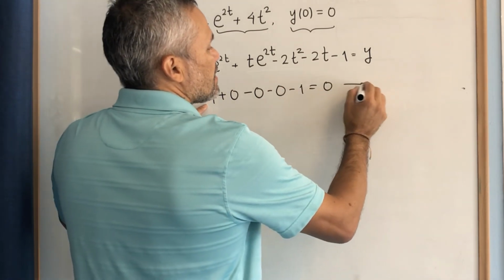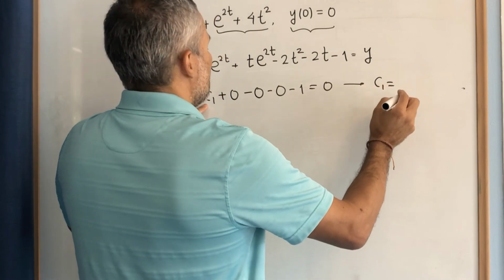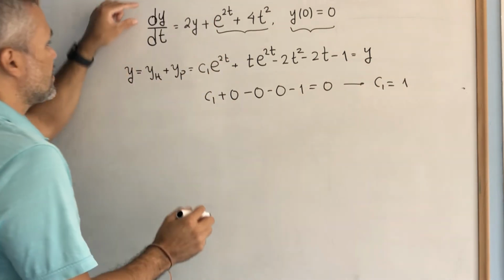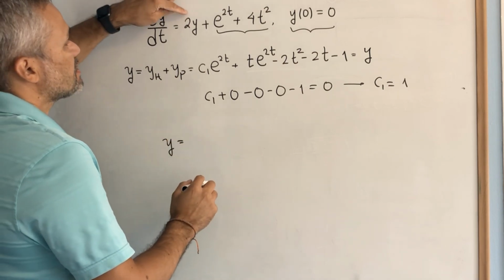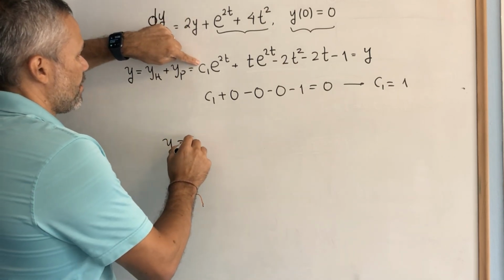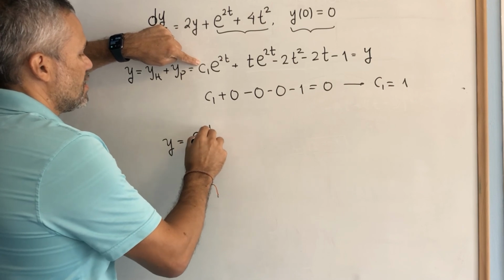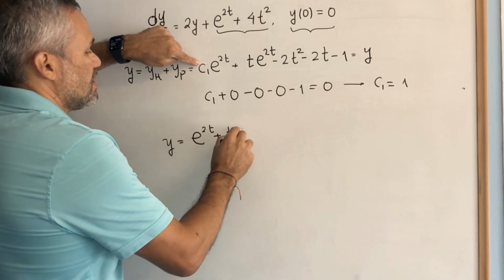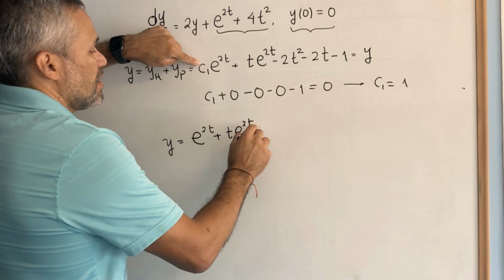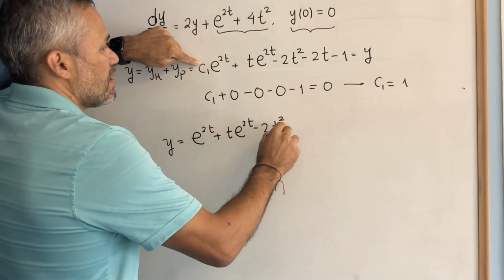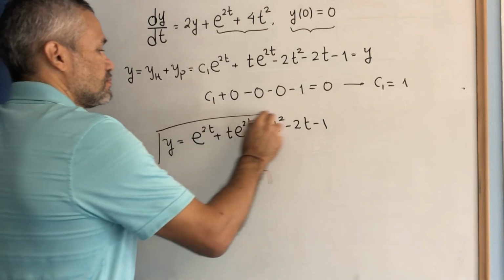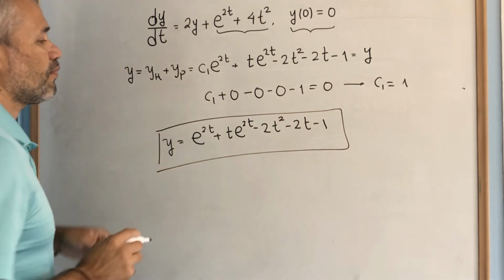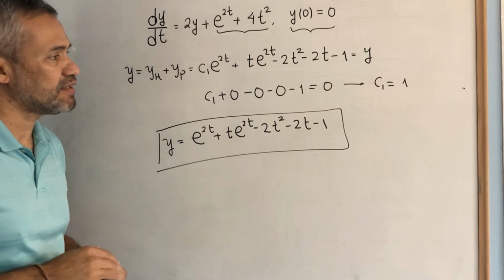And that means that c1 is going to be equal to 1. Then the solution of the initial value problem, with c1 equal to 1, is e to the 2t plus t e to the 2t minus 2t squared minus 2t minus 1. Okay, this is it for this video.